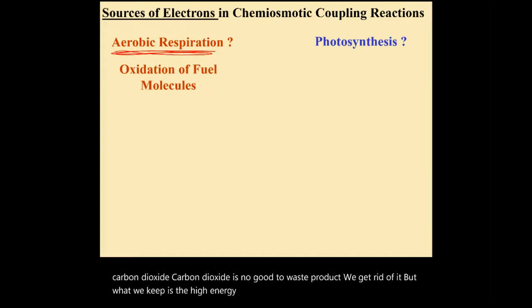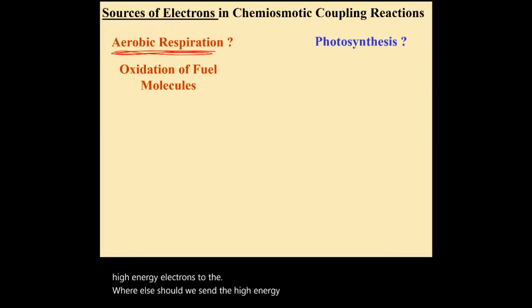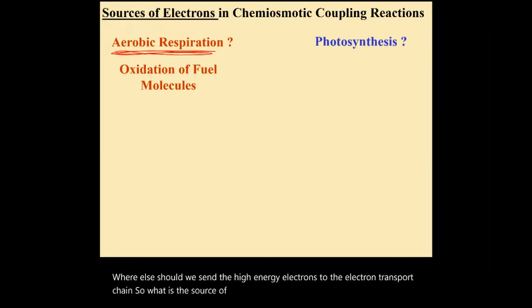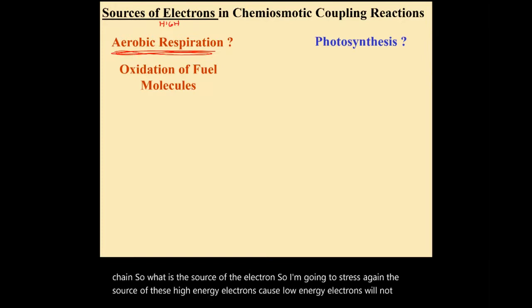And where do we send the high energy electrons? To the electron transport chain. What is the source of the electrons? I'm going to stress again the source of these high energy electrons, because low energy electrons will not go to chemiosmotic coupling.